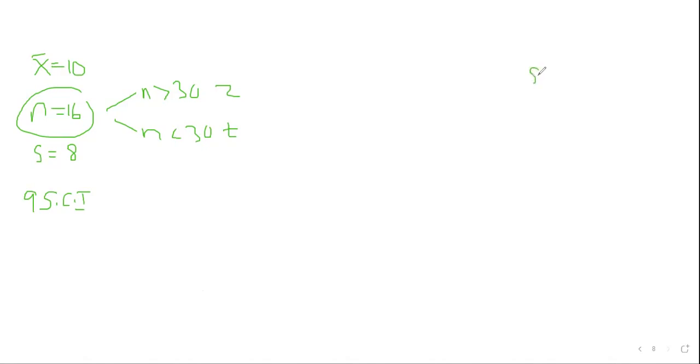Step 1, you need to find your level of significance, which is 5%. Step 2, you are supposed to halve it, which is 2.5%. And the degree of freedom is n minus 1, because we only have one sample here. So our n is 16, 16 minus 1 is 15.